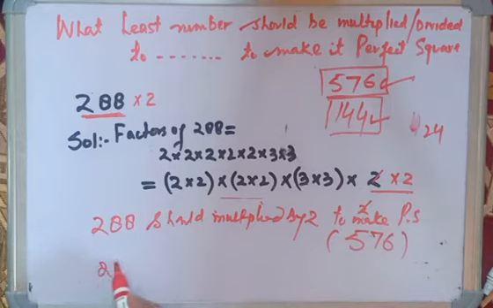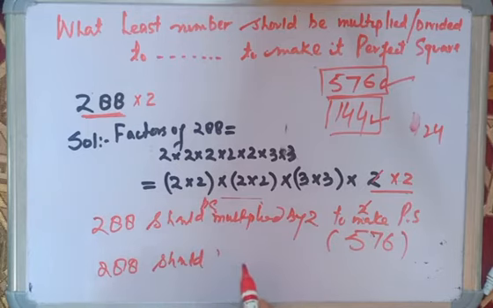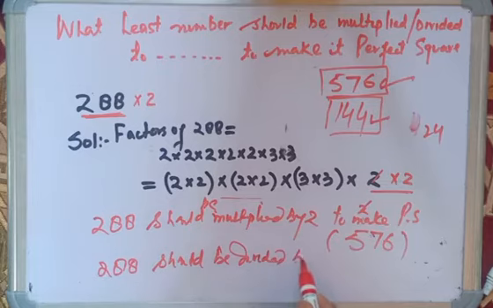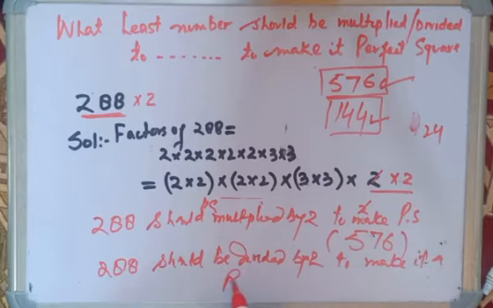Or 288 should be divided by the least number 2 to make it a perfect square. So in that way the number becomes 144, right?